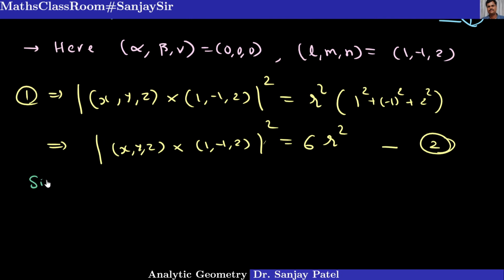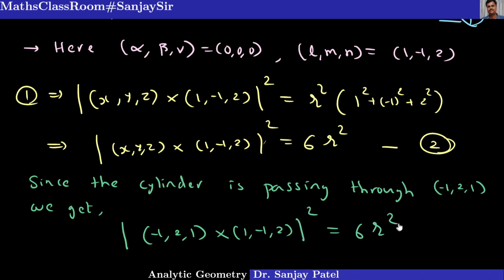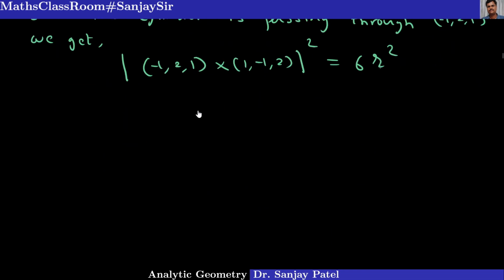Since the cylinder is passing through the point (-1, 2, 1), we can substitute x, y, z equal to -1, 2, 1 in this, and we get (-1, 2, 1) cross (1, -1, 2) square is equal to 6r square. Okay, and then you can find the value of this cross product and then its absolute value.